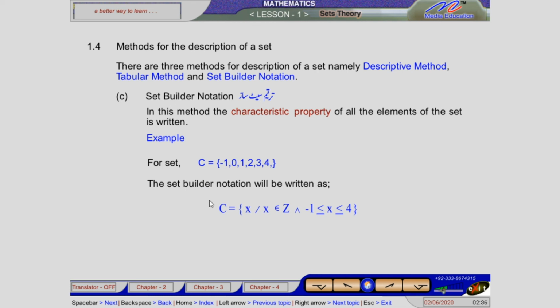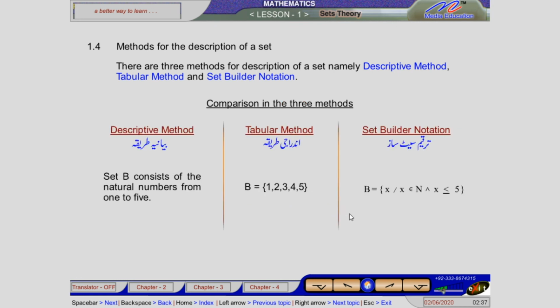In set builder notation form, we will write it as C is the set of all x's such that x is an element of integers and -1 is less than or equal to x is less than or equal to 4. So these are the three basic methods: descriptive method, tabular method and set builder notation.